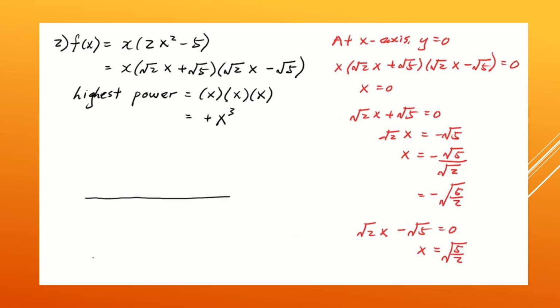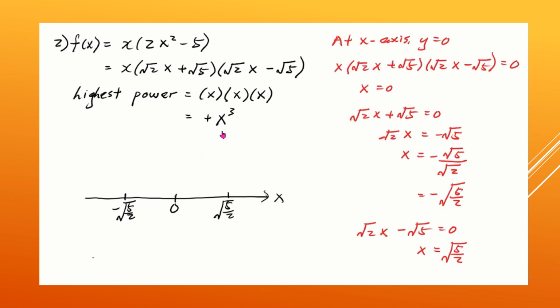Now we can label the x-axis with the values of x. We start from 0, then negative square root of 5 over 2, and positive square root of 5 over 2.